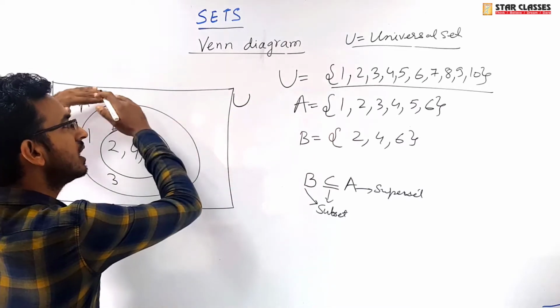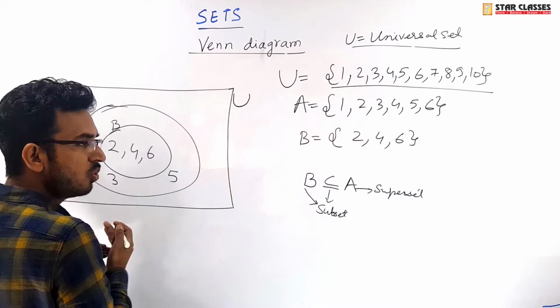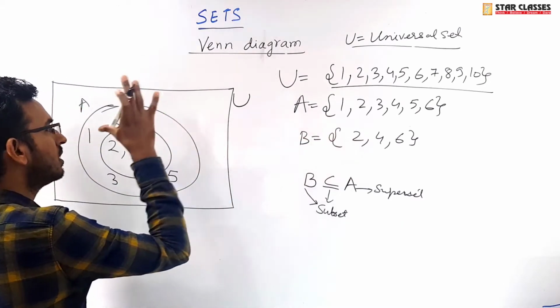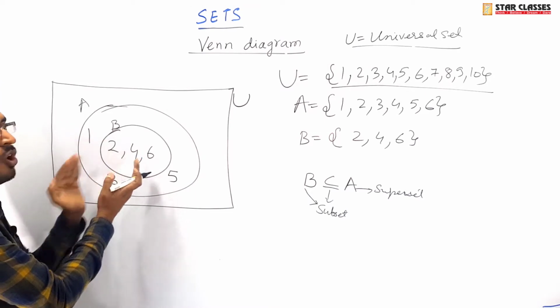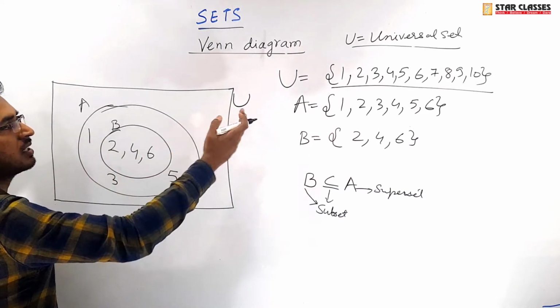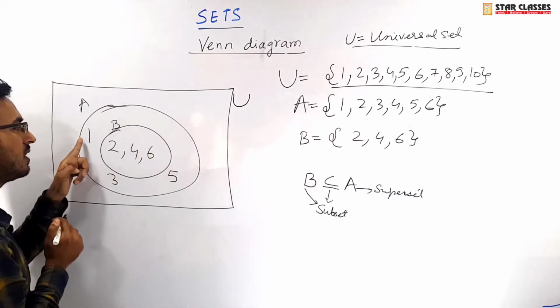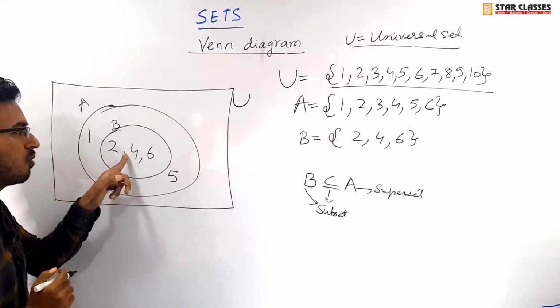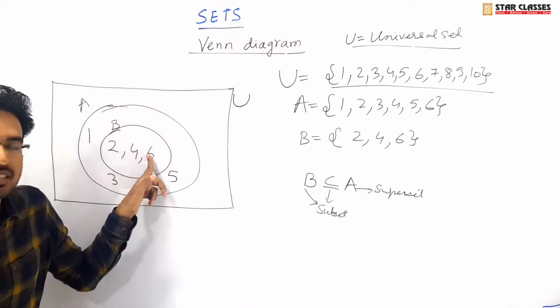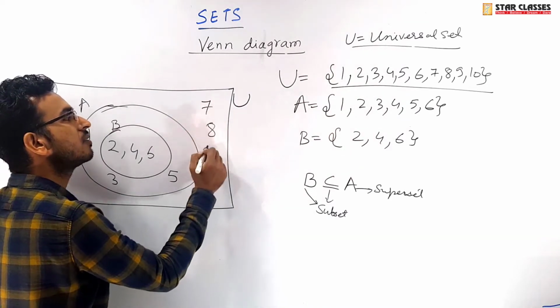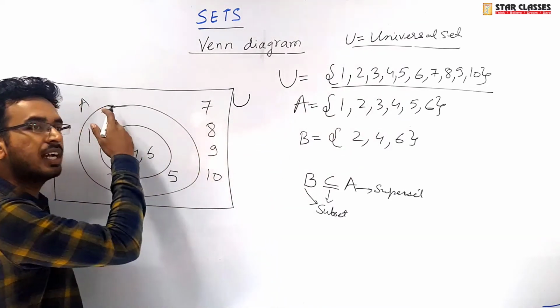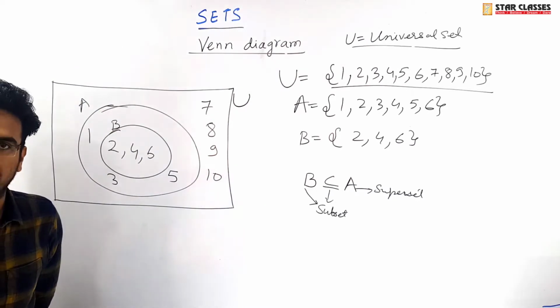This denotes that Venn diagram has a universe, and inside that universe you have set A and set B. But as we can see, 1, 2, 3, 4, 5, 6 is inside the sets. Other numbers 7, 8, 9, 10 are outside set A and set B.